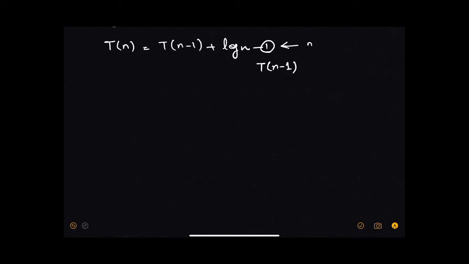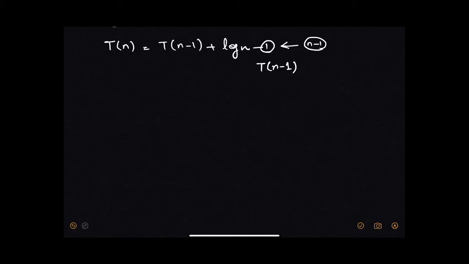This becomes T(n) = T(n-1) + log n. Let's suppose this is my equation 1. So what I have to do is find the value of T(n-1). I'm going to substitute n-1 in this statement 1.